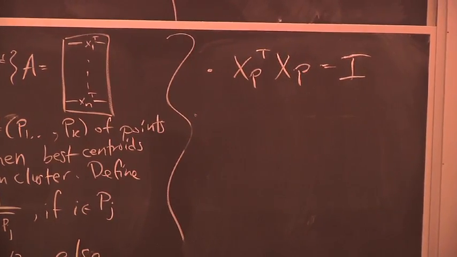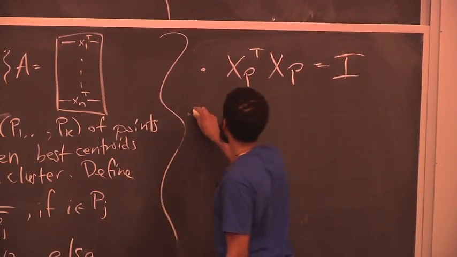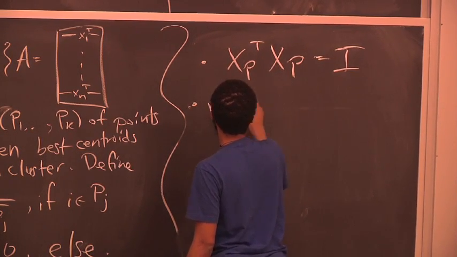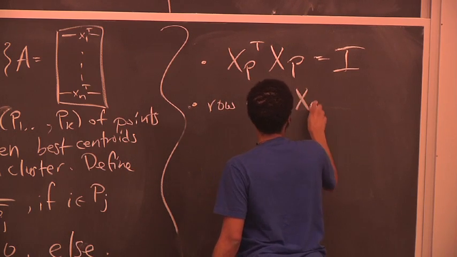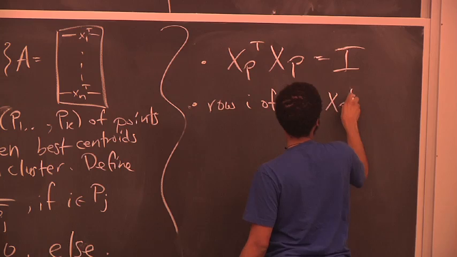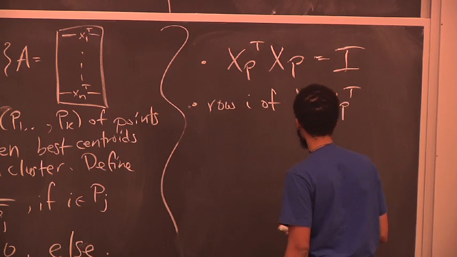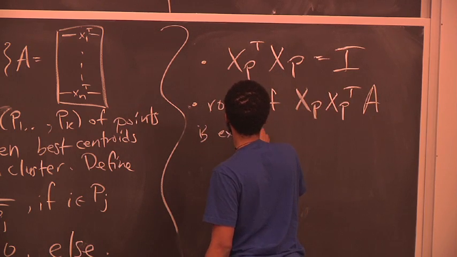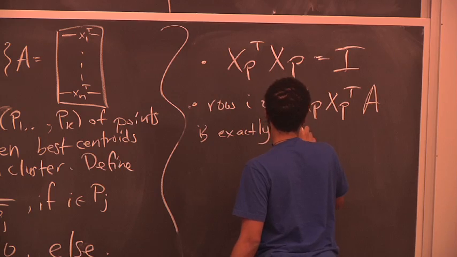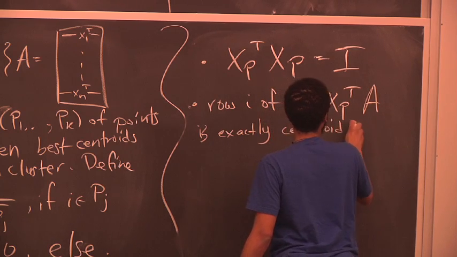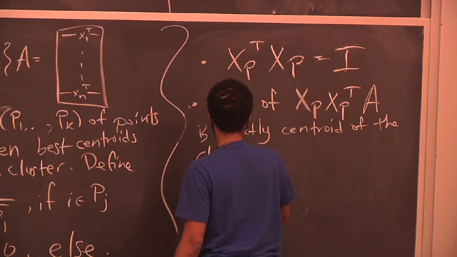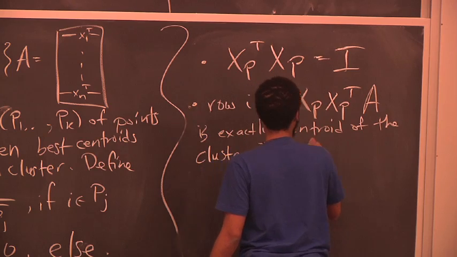Also, you can convince yourself that row i of XP XP transpose A is exactly the centroid of the cluster that xi belongs to.